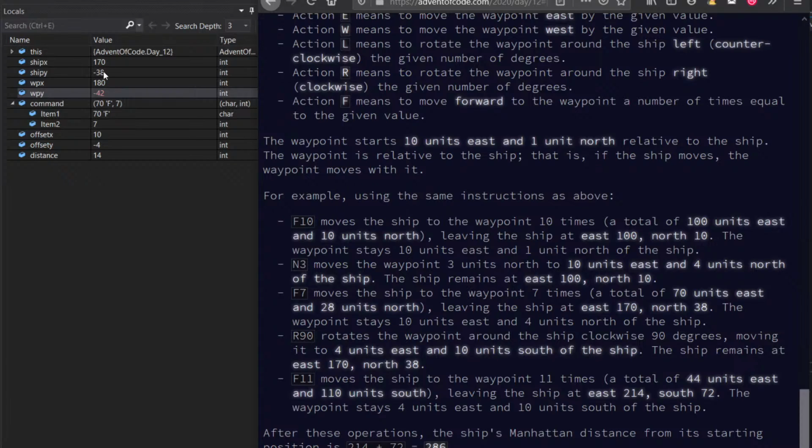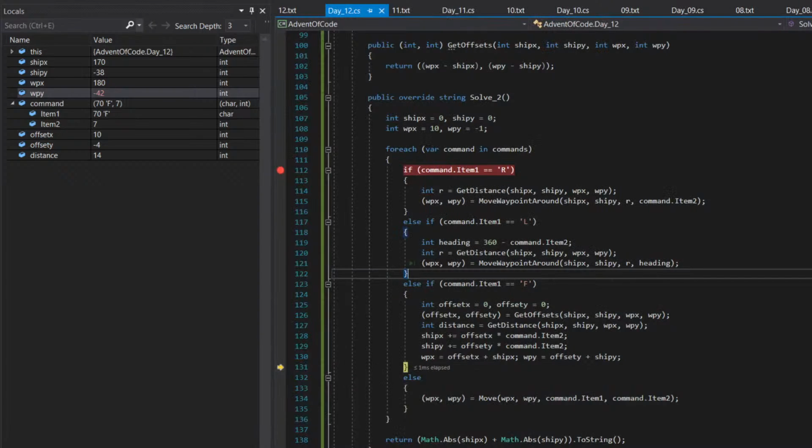We moved 70 and 28 units north. Leaving the ship at 170 east, 38 north. Okay, we got that right. So maybe it's the rotation that's not right.